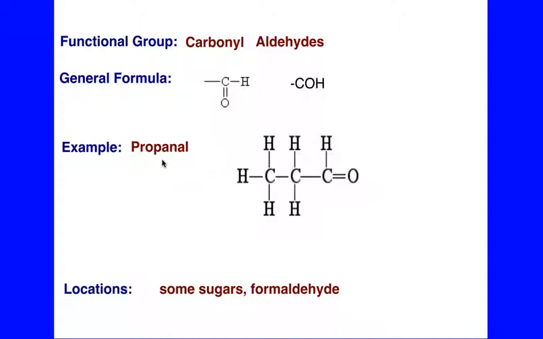One example is propanal. Propanal has three carbons, but this group here on the end is our aldehyde. Here's the carbon with the double bonded oxygen and the single bonded hydrogen. And we find this also in sugars and formaldehyde. That's the stuff that you've probably heard goes in dead people, formaldehyde, for preservative.